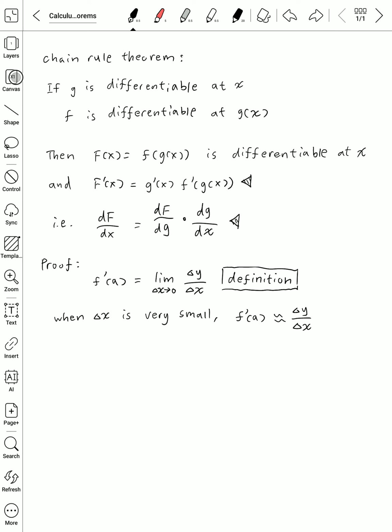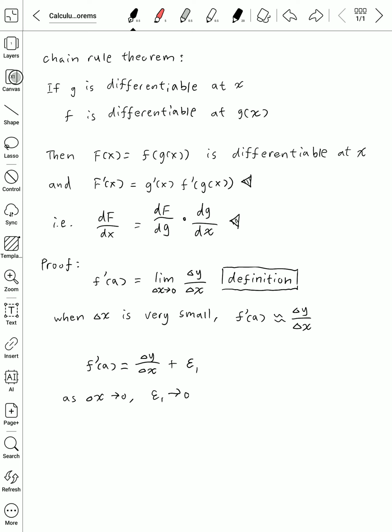And taking this into consideration, we can write the derivative of f at a as equal to delta y over delta x plus an error term, which we denote by epsilon 1. And since the derivative is defined as the limit of delta y over delta x, we know that as delta x approaches 0, our error term, epsilon 1, approaches 0.